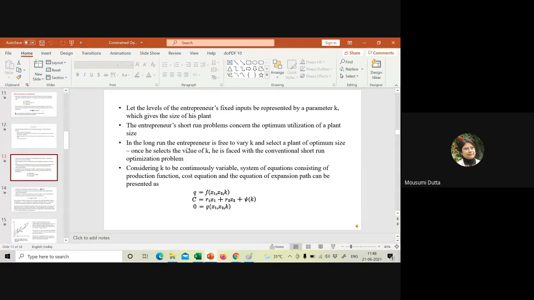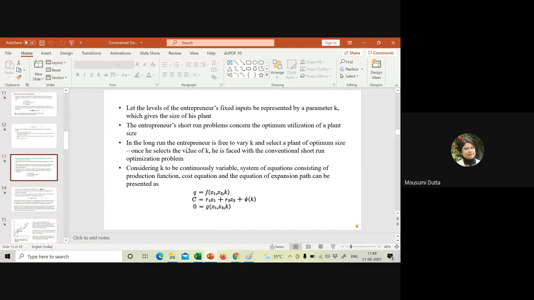You have different options in the long run, and from those options you are selecting one, and when you are selecting one, actually we are talking about short run. When you have a basket of options, you are at long run. When you are selecting one, you are at short run. That selected plant will give you the fixed cost of production. Size of the plant will determine what will be the electricity bill, what will be the maintenance charge, what will be the tax for this or that.